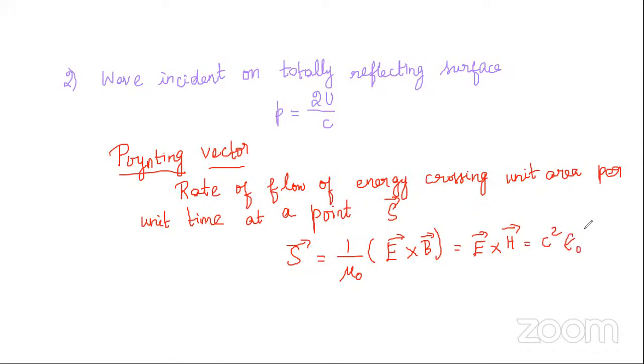This is the expression for Poynting vector. The SI unit for Poynting vector is watt per meter square.